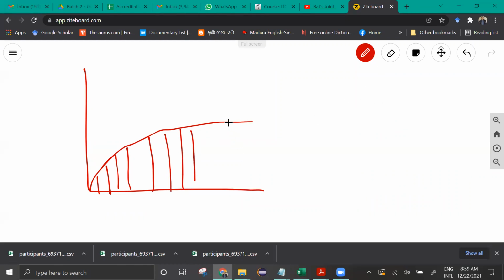It is getting closer to the constant. Constant is something like this. This is log.